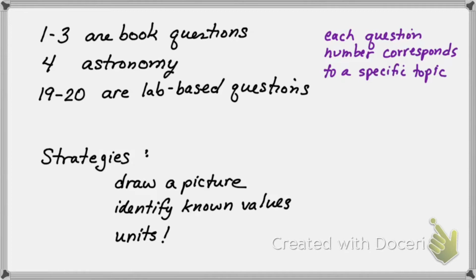But even in the other questions, there will be prefixes that go with your metric units. Question 13 is about electric fields. So there's probably going to be charges involved. Charges often are written in microcoulombs, 10 to the minus 6 coulombs, or nanocoulombs, 10 to the minus 9. A lot of times in forces, you might be given a mass in grams.